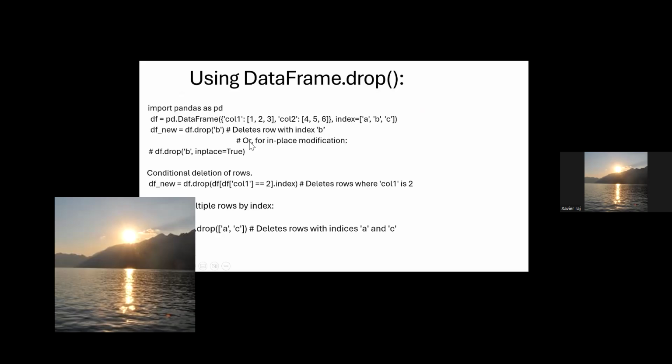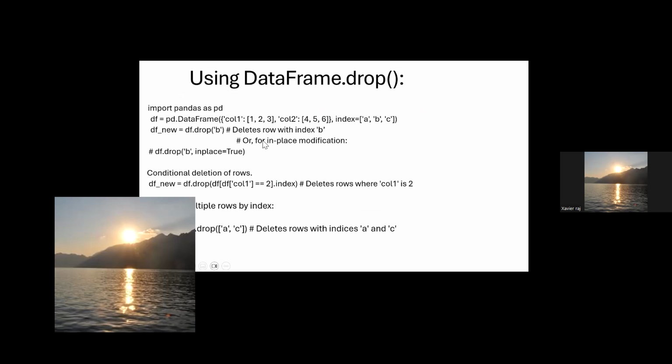So, using the data frame drop method. We all know import pandas as pd, and df is the data frame we are creating, with column names 1, 2, 3 given in dictionary form as key colon value pairs, and the index A, B, C is given.